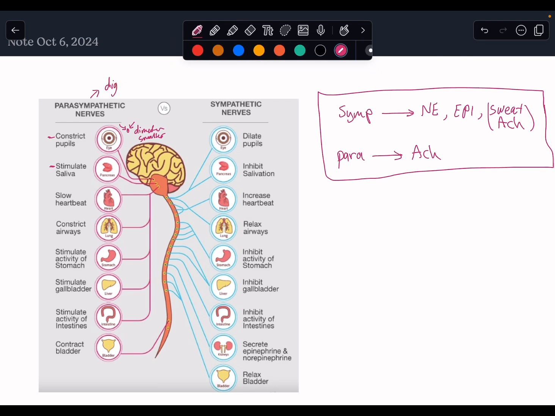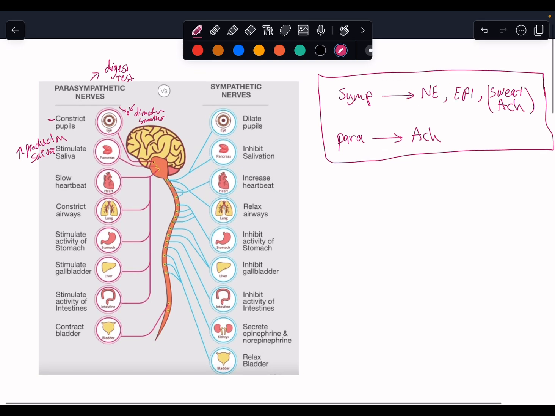And for the saliva, it increases the production of saliva. It will increase the secretion of saliva in your mouth, and it will slow the heartbeat.